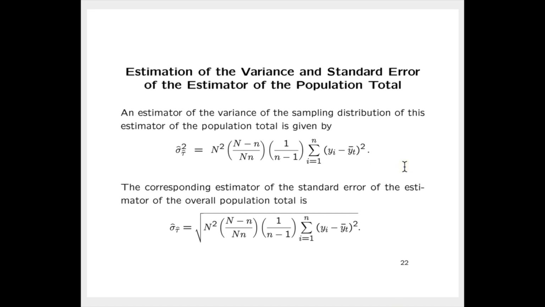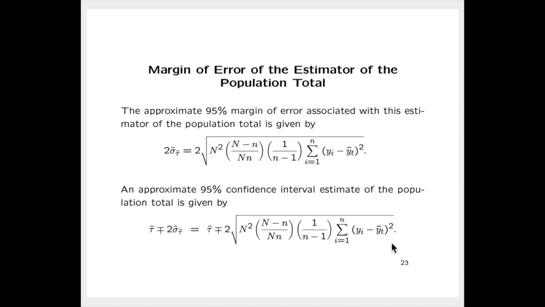Once we've calculated this, we take its square root to get the estimated standard error of tau hat, and then multiply that by 2 to get our approximate 95% margin of error. Then we use the point estimator of tau along with the margin of error to get the lower and upper endpoints of the approximate 95% confidence interval estimate for tau.